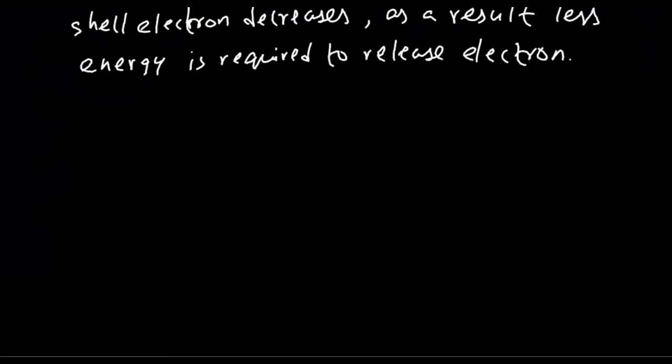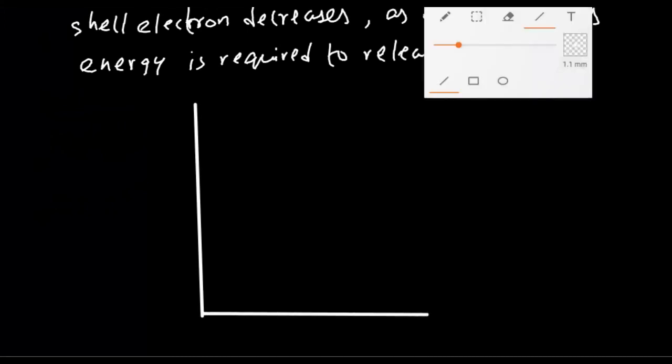Okay, so if I represent it graphically, how will it look like? See, here we will take, I'm sorry, it is ionization energy, IE, or you can say IP as well. And in the x-axis, it is atomic number, that is Z. If I consider the alkali metal group, that is lithium, if lithium lies here, sodium will lie below.